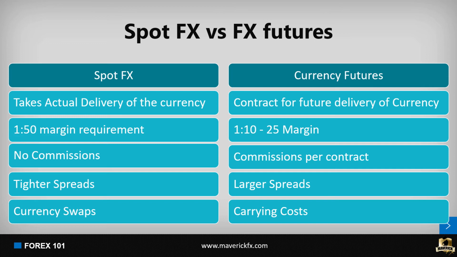If we take a look at currency futures, we're buying it, but we're not getting delivery of it. We're buying a contract. All we are buying is a piece of paper. Margin rates are lower. I know Interactive Brokers are really much closer to 1 to 10. There's going to be commissions per contract, which makes them more expensive.